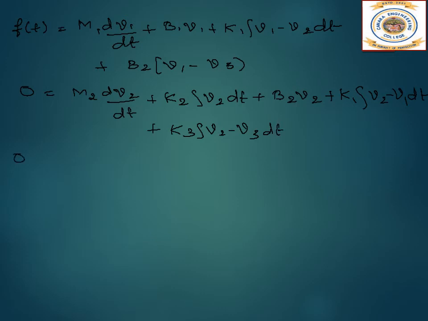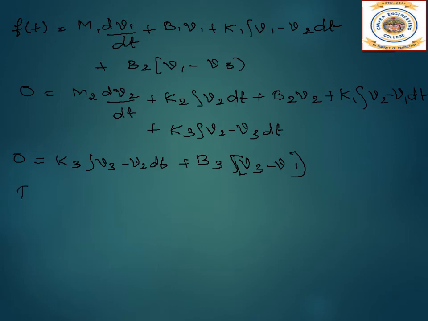The last equation, 0 equal to k3 into integral v3 minus v2 dt plus b3 into, sorry, it is dx by dt, right? So it is v3 minus v1.